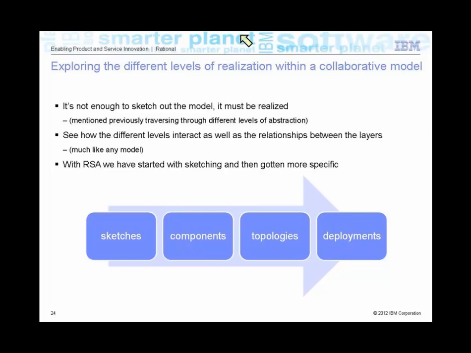Okay, what are the components that are realized from that sketch? And then from there, what specific topology models would you create? And then from there, what technology deployments would you have to do in order to realize your sketch? So if I wanted an intermediate collaboration model, how would that technology at the other end look? How would it be put together? How would it be connected so that you could then have that collaboration you're looking for, right?